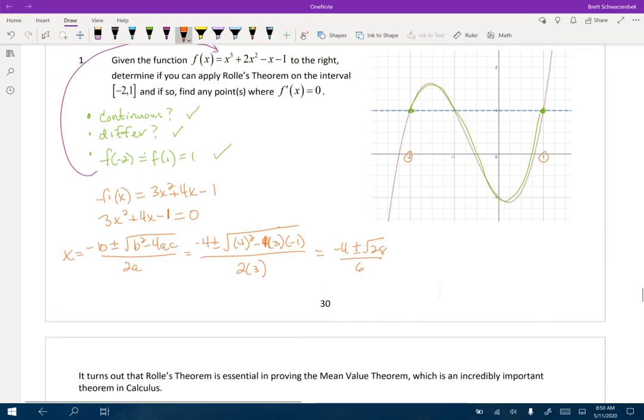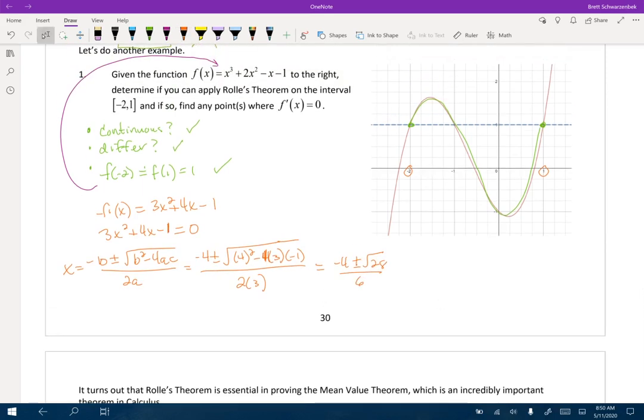And we can simplify this. We might as well just do that as practice. So this is negative 4 plus or minus 2 root 7, because the square root of 4 pops out, over 6, which can simplify even more to negative 2 plus or minus root 7 over 3. So these are actually the exact values of x.